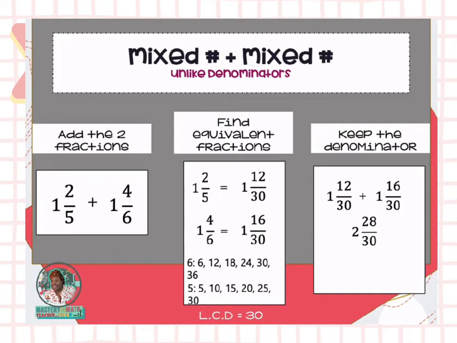And we said 28/30, we can simplify that to equal 14/15. Now we can go ahead and add our whole numbers. We have 1 plus 1, which is the same thing as 2. So 2 and 14/15 will be our answer, which is what we did with 28/30, and we got 14/15.